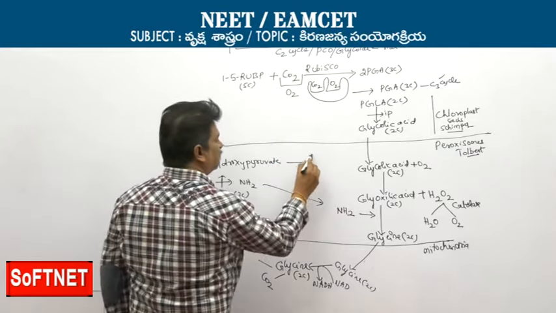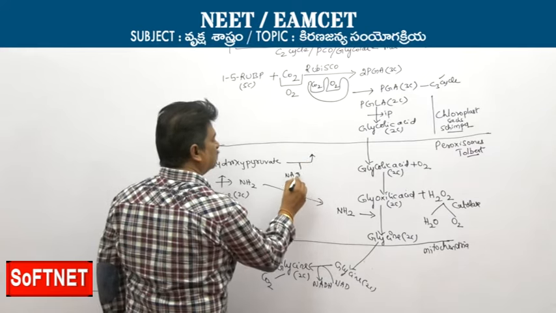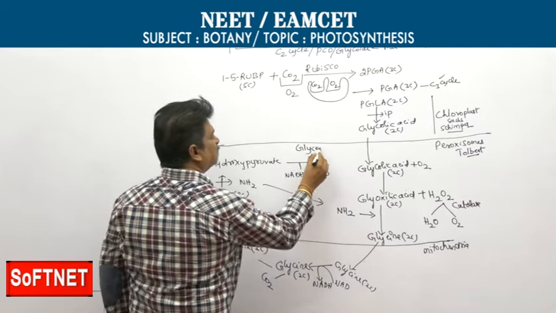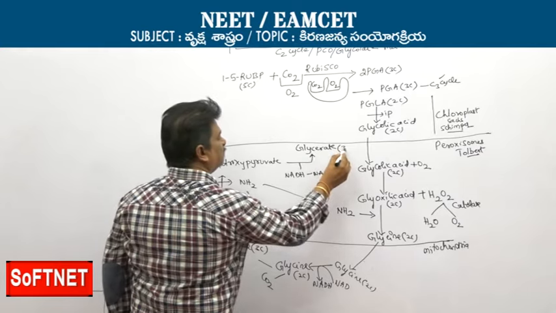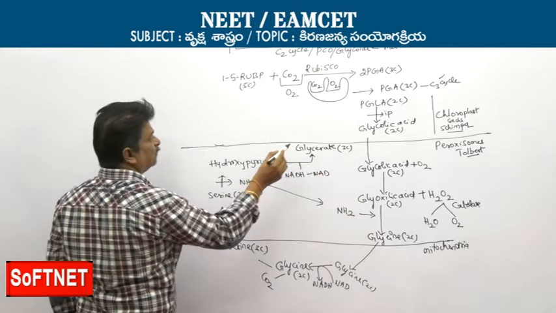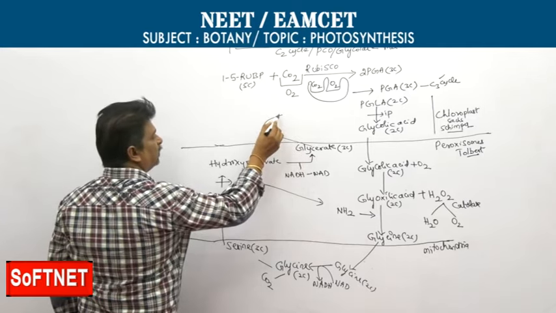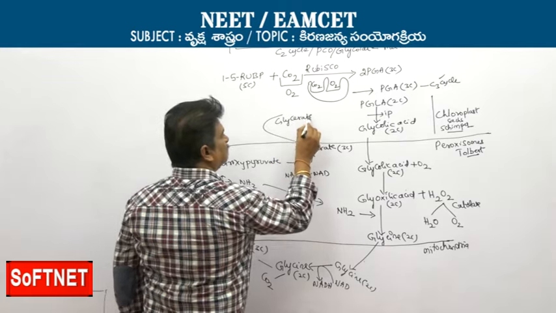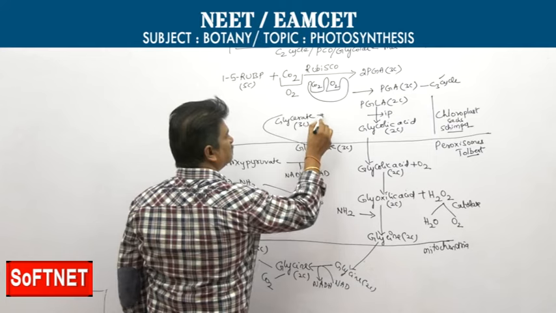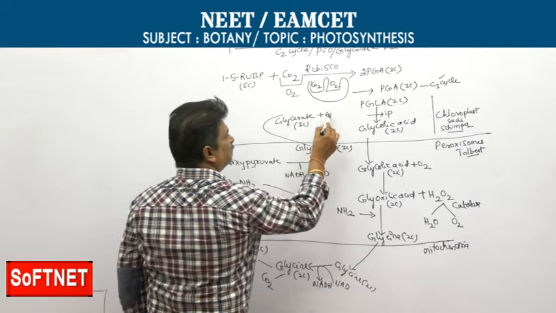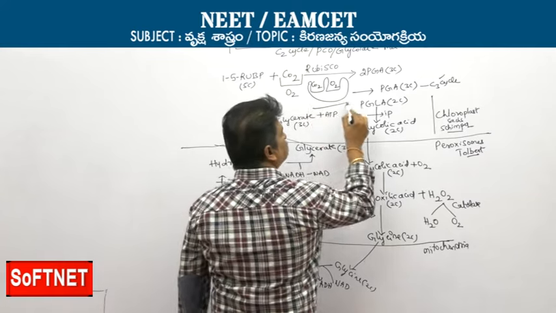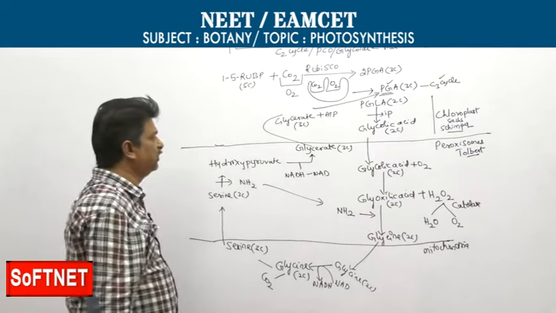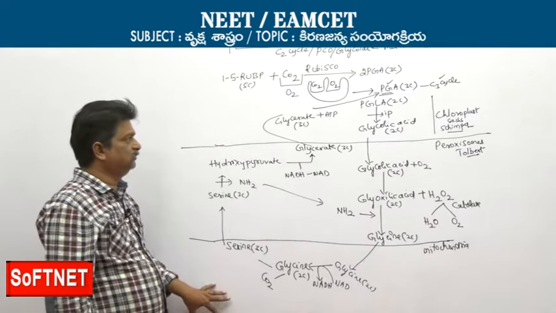Then this hydroxypyruvate is reduced to glycerate. Finally, this glycerate enters into chloroplast, reacts with ATP and forms phosphoglyceric acid, and participates in the C3 cycle.